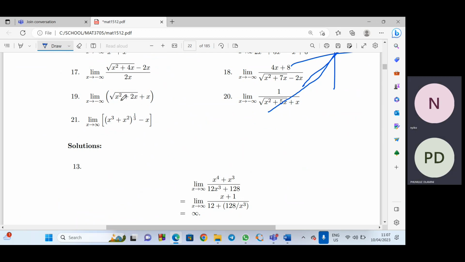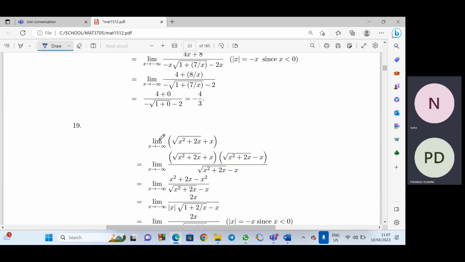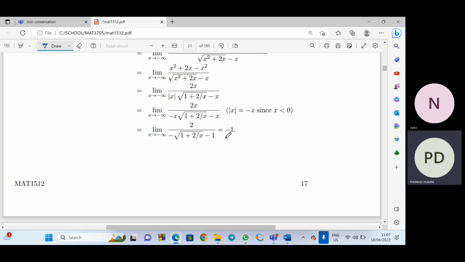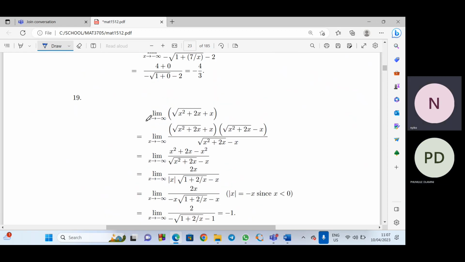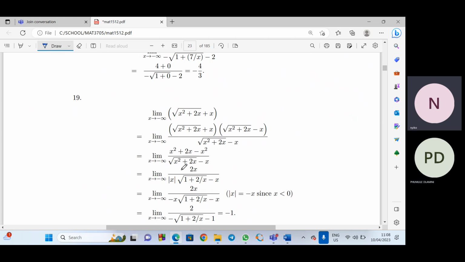Everything is positive here. Let me check how this person did it. Number 19, negative 1, okay. So the square root is fine. Negative infinity, x squared plus, okay, it's fine. Then limit, this one, multiplication, this one.